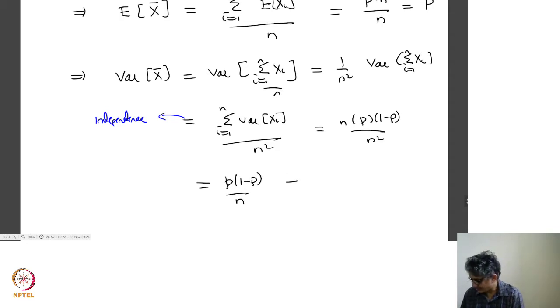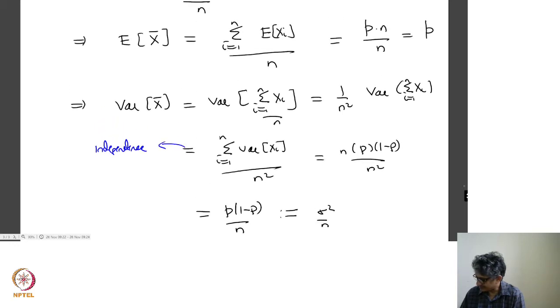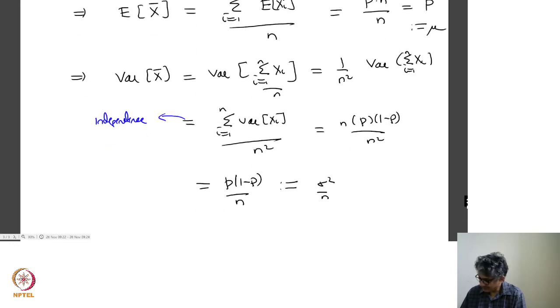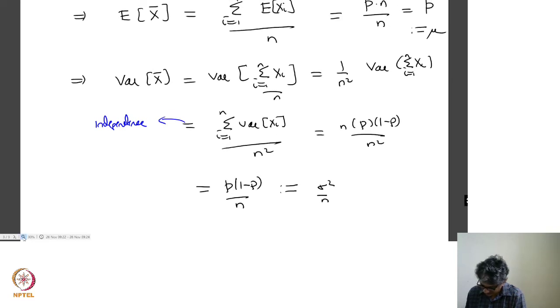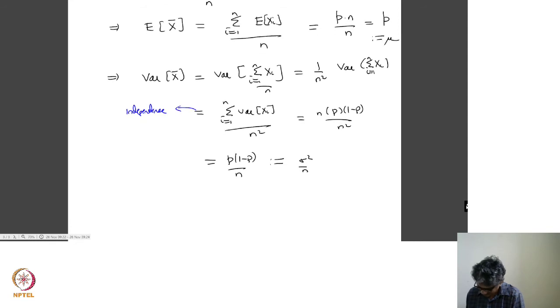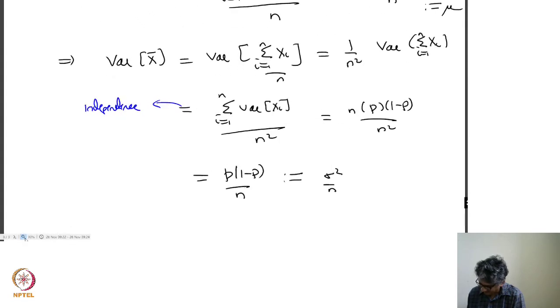Notation-wise, let's just call it sigma squared by n. So we have shown that E of x bar is mu and the variance of x bar is sigma squared by n. Now let me come back and finish the calculation.